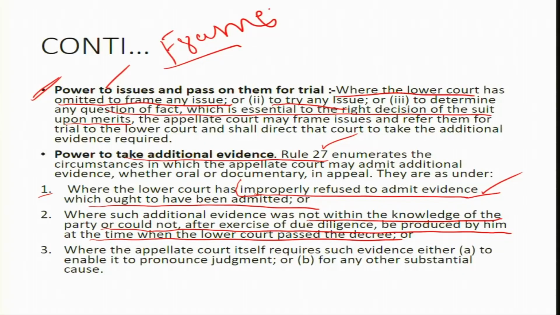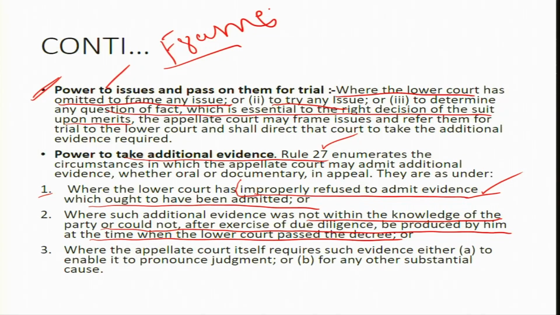If you subsequently come to know that this is also important evidence, and you plead it before the appellate court and it accepts it, then additional evidence can be accepted.